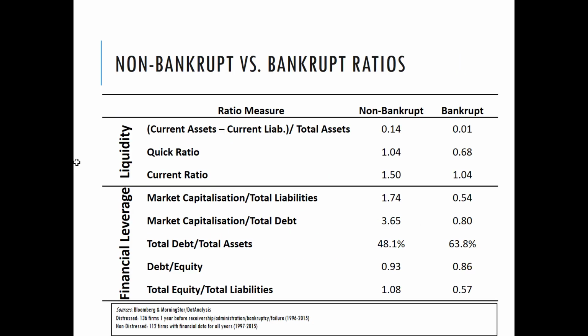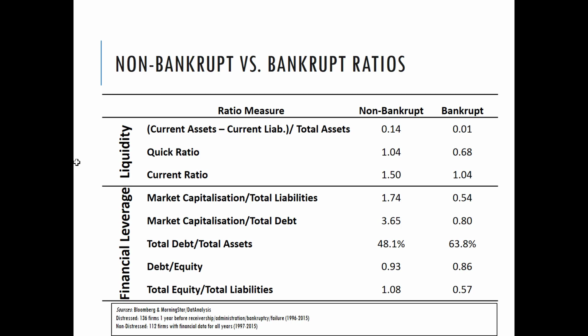This slide summarizes the ratios for about 130-ish bankrupt firms, about 1 year before they went bankrupt, and then about 100-ish firms that did not go bankrupt, so basically the normal ones. What this shows quite clearly is that these firms differ in terms of some of these key ratios.